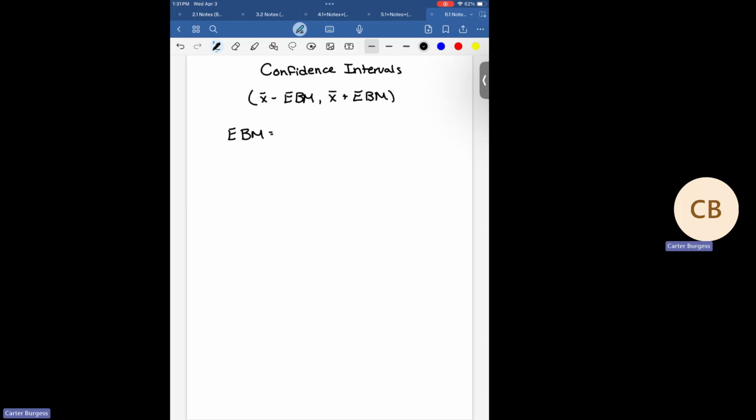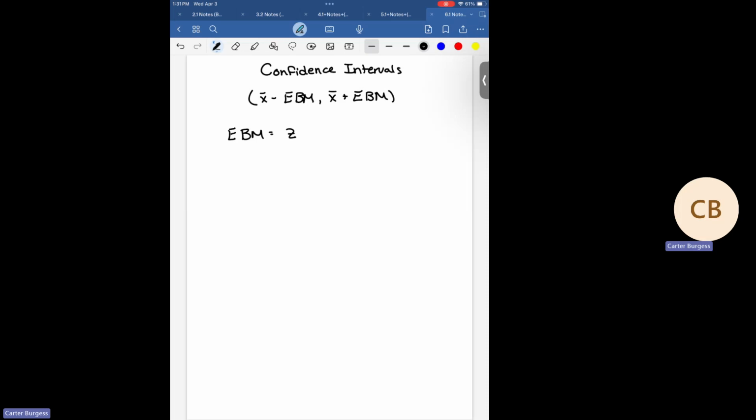if we know sigma, then if sigma is known, independent of how big our sample size is, it doesn't matter if n is 5, it doesn't matter if n is 100.